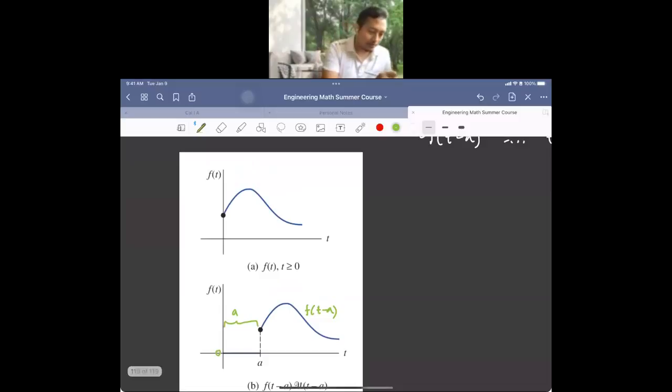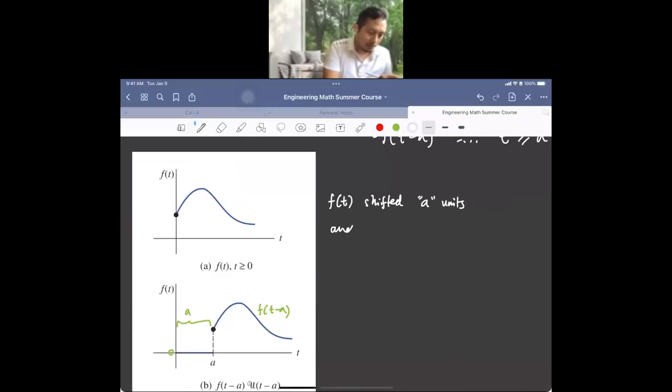So it seems that f of t is shifted a units.